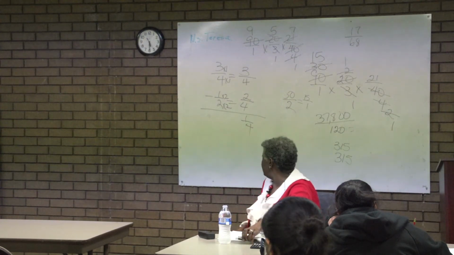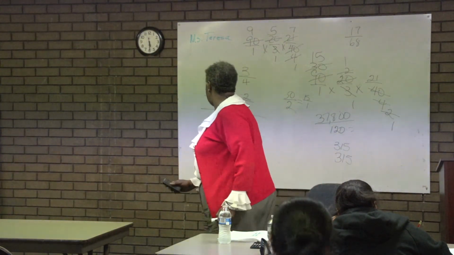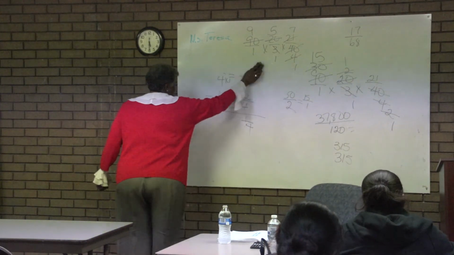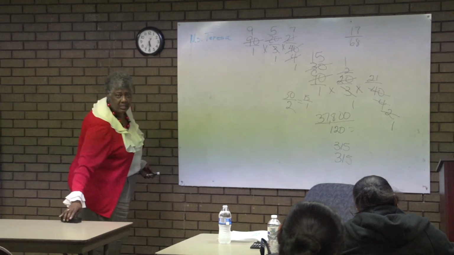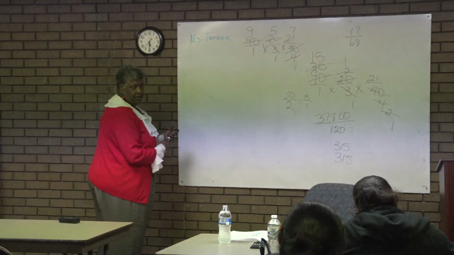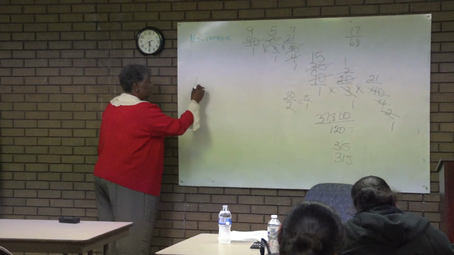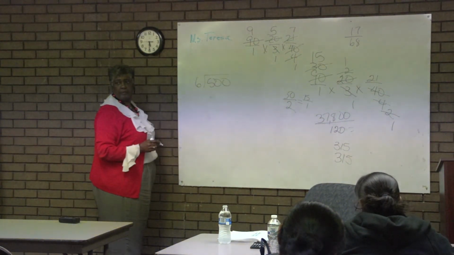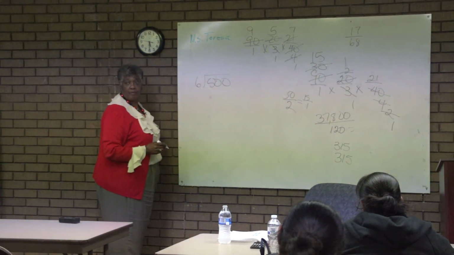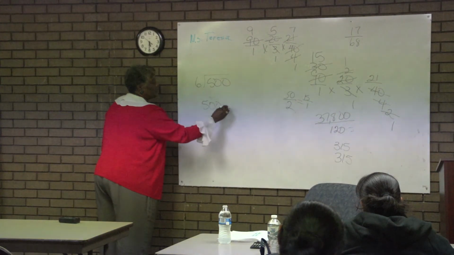Now remember we talked about yesterday that to find a fraction of a number, there are 2 ways to do that. If I want to find 1/6 of that number, there are 2 different ways. Divide by 6 is what they did. And what's the other thing I could have done? Multiply it times 1/6.